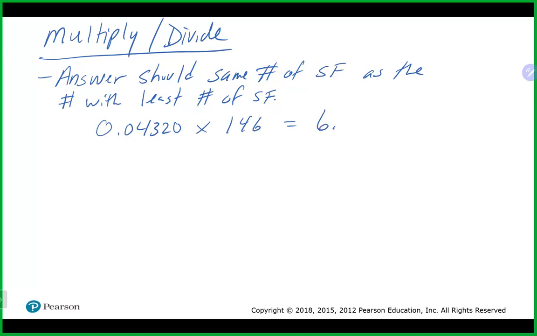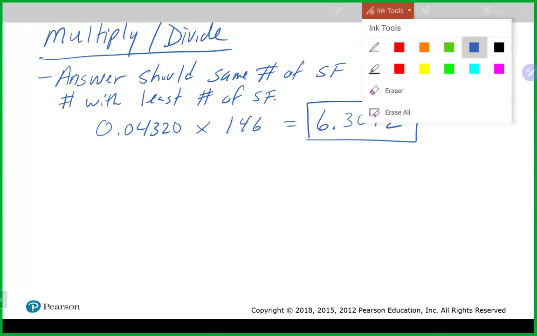We got 6.3072. This is what my calculator spits out. Remember, the calculator may not always give you the proper answer in terms of significant figures.